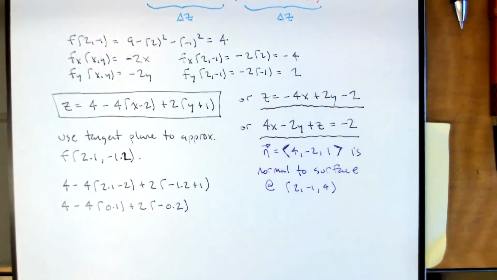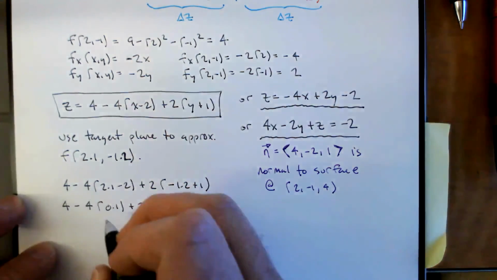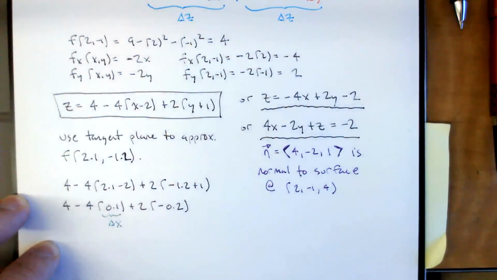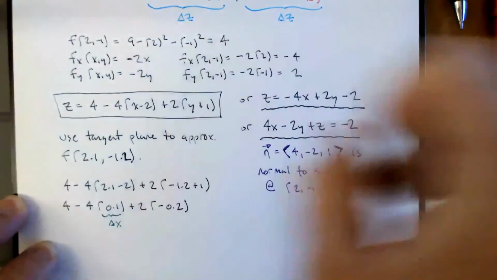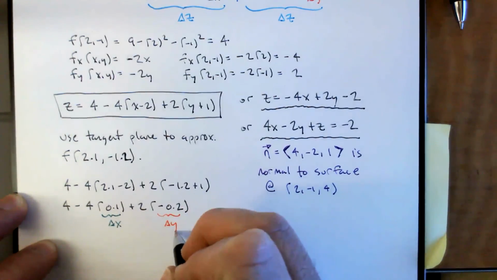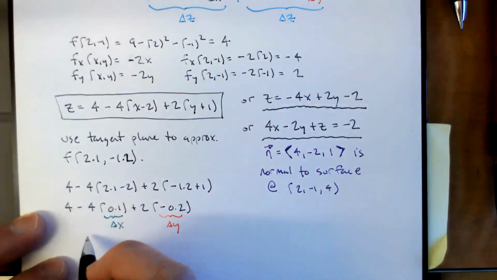So the 0.1, there's our delta x. And the -0.2 is our delta y. And the 4 times 0.1 is our change in z.